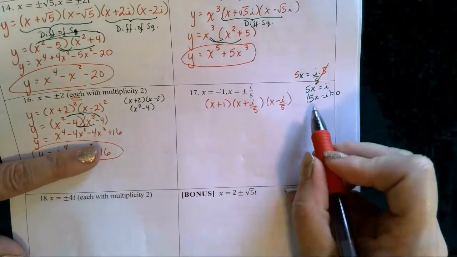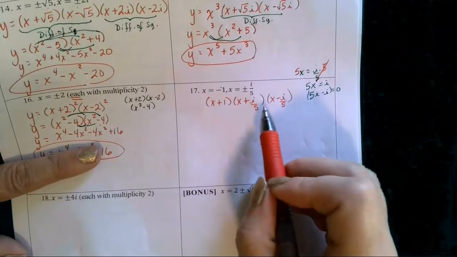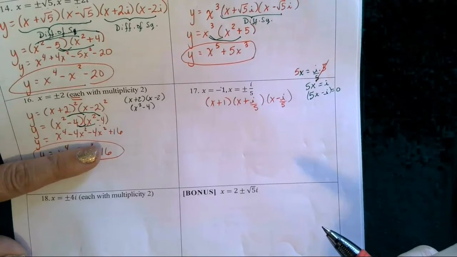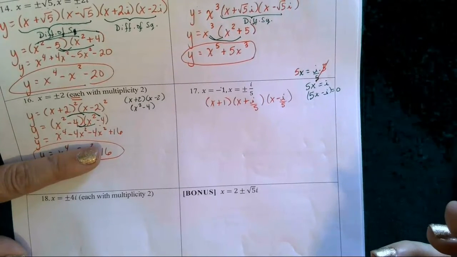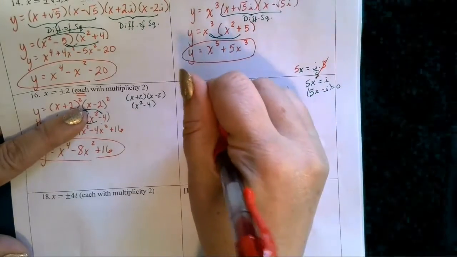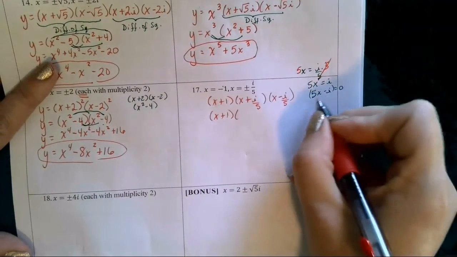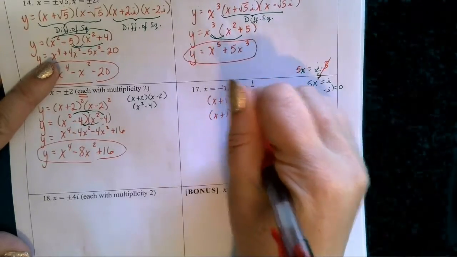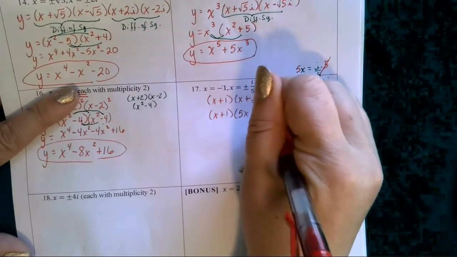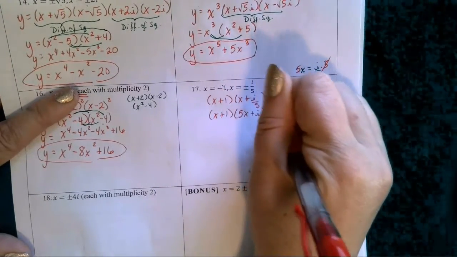And that's easier to FOIL than it is to have this fraction here, the i over 5. So I'm going to write it that way instead so that I have nicer coefficients. So 5x minus i and 5x plus i.